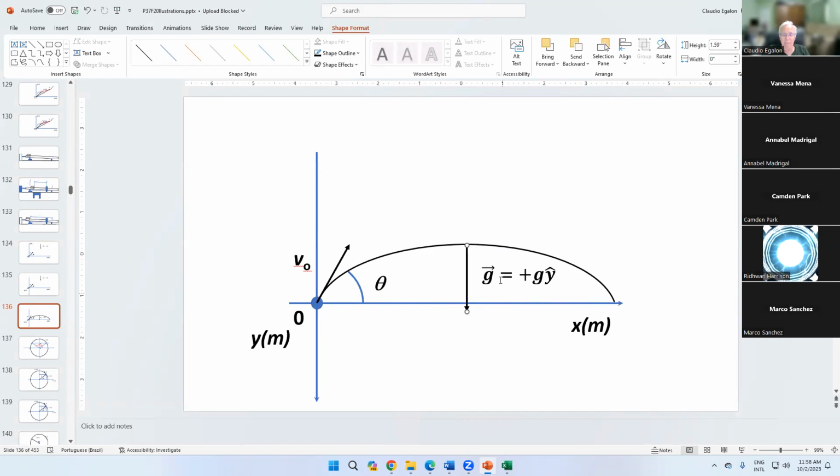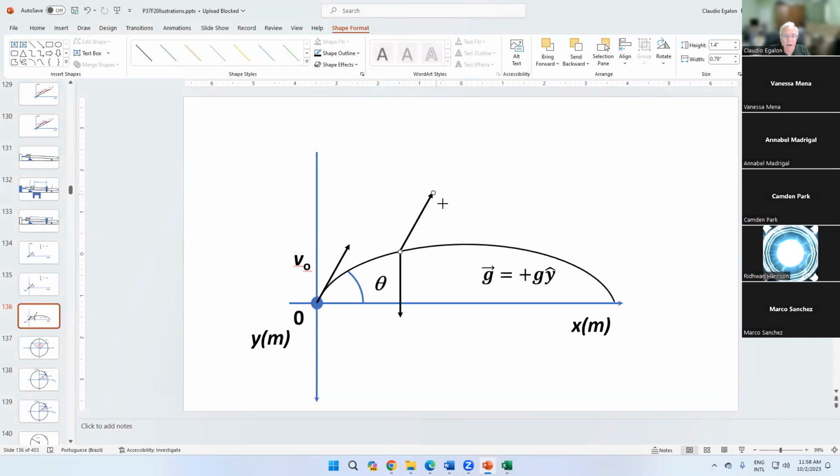Do you see that? At this point in the trajectory, the acceleration vector has a tangential component that is against the velocity vector, right? Do you see that?